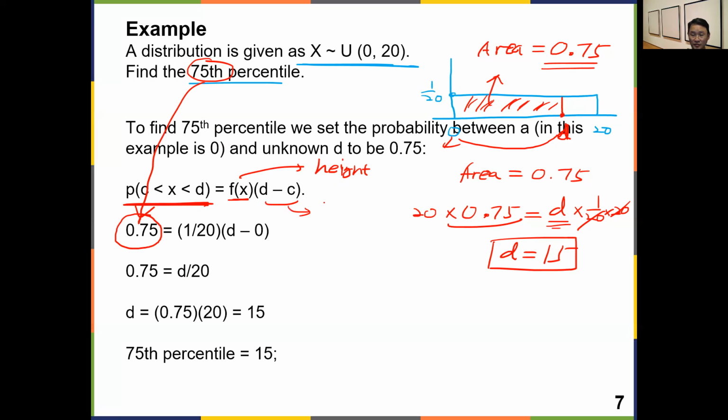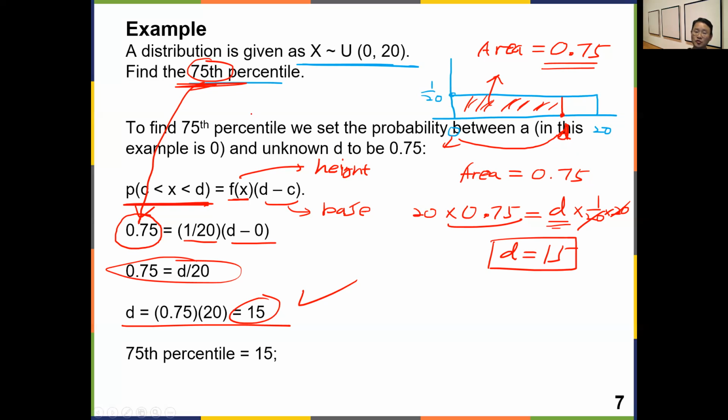This one right here is the base. So height times the base from 0 to D is just the D. And the exact same procedure: multiply 20 on both sides, then you get 15. So from 15 down, it's going to be 75%. 15 and up, it's going to be 25%, right?